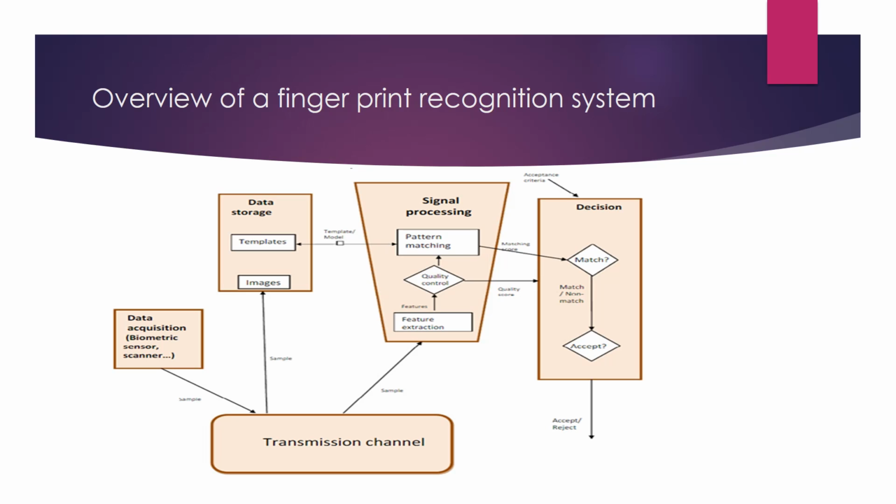Then the stored reference template is fetched from the database, and in the decision making unit the two templates are compared and checked for a match. If the input template matches the reference template, it means it is of the same individual and the person is given access rights, or else it is not a match and the person is denied access, or whatever the application is.